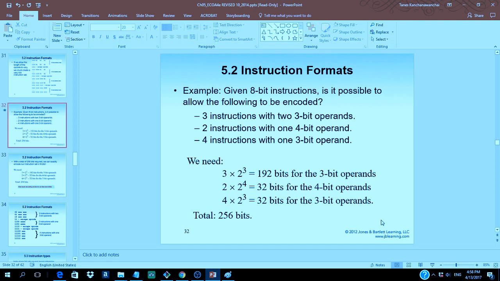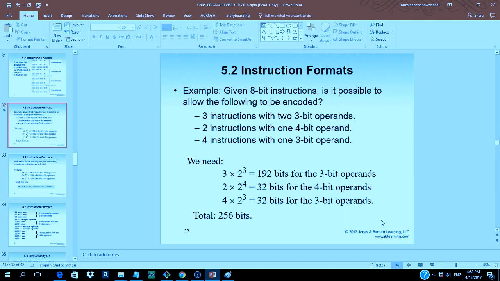So let's talk about 4 bits, right? With how many instructions? Two instructions, one 4-bit operand. So we need the escape, right? So this escape could be 11, that could be your escape.